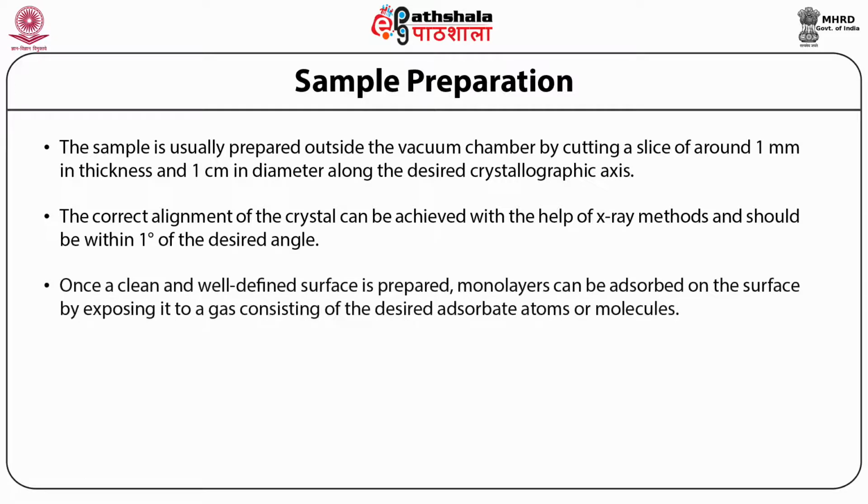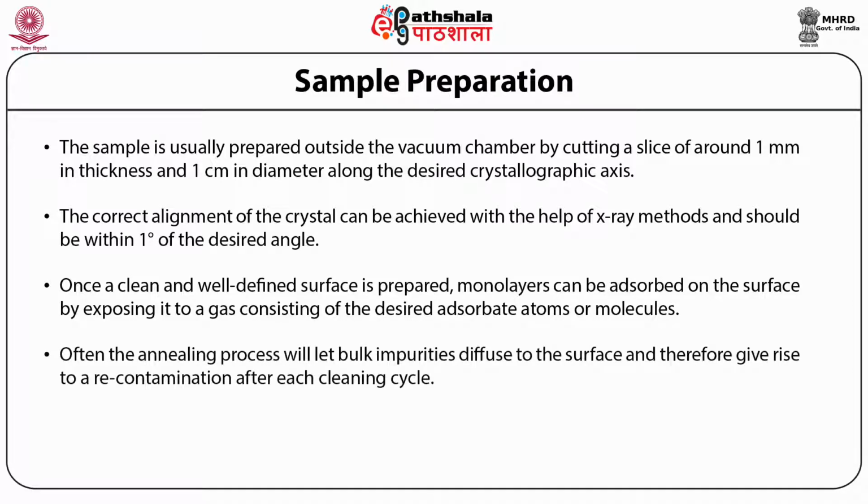Once a clean and well-defined surface is prepared, monolayers can be adsorbed on the surface by exposing it to a gas consisting of the desired adsorbate atoms or molecules. Often the annealing process will let bulk impurities diffuse to the surface and therefore give rise to recontamination after each cleaning cycle.